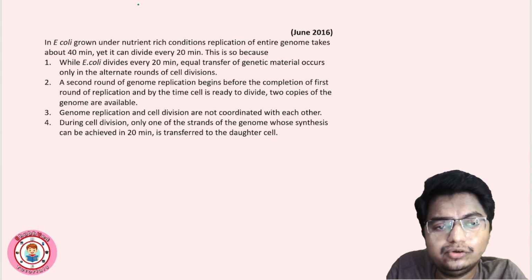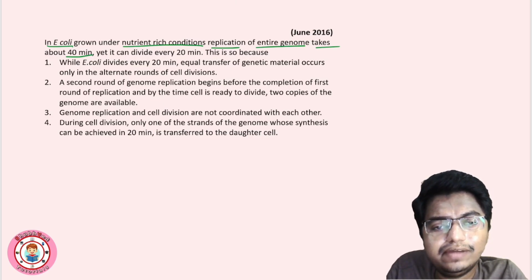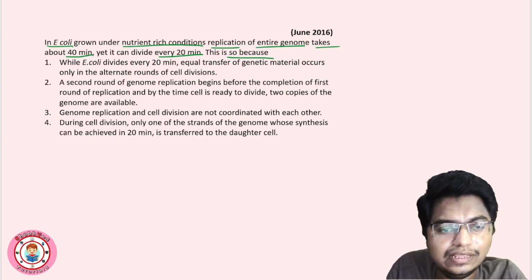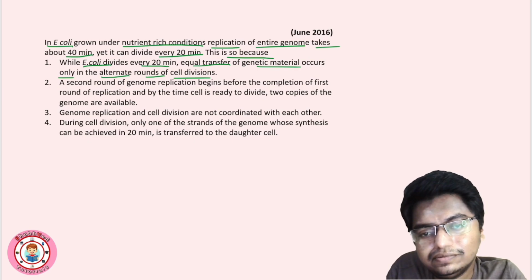Last question for today. In E. coli grown under nutrient-rich condition, replication of the entire genome takes about 40 minutes, yet it can divide every 20 minutes. This is so because, why does this happen? While E. coli divides every 20 minutes, equal transfer of genetic material occurs only in alternate rounds of cell division.